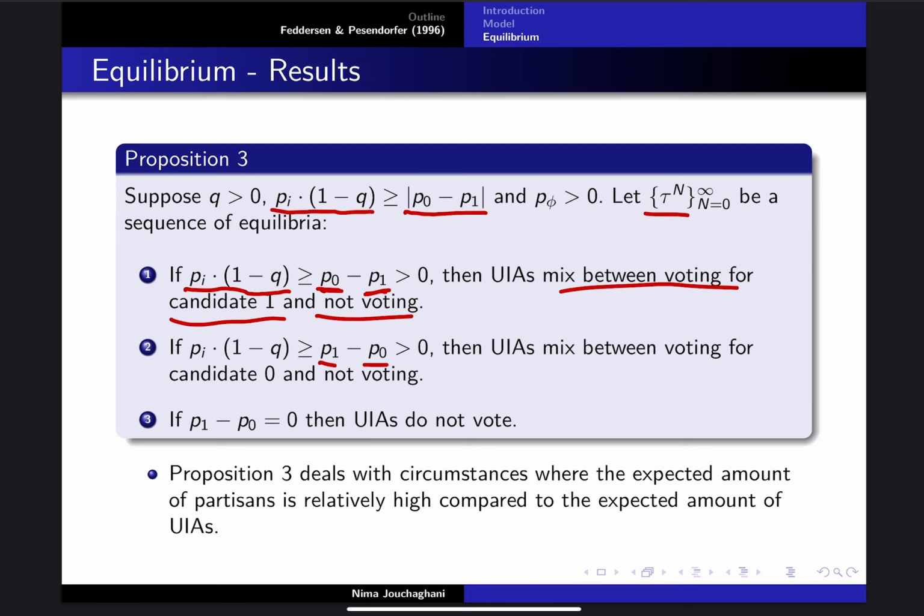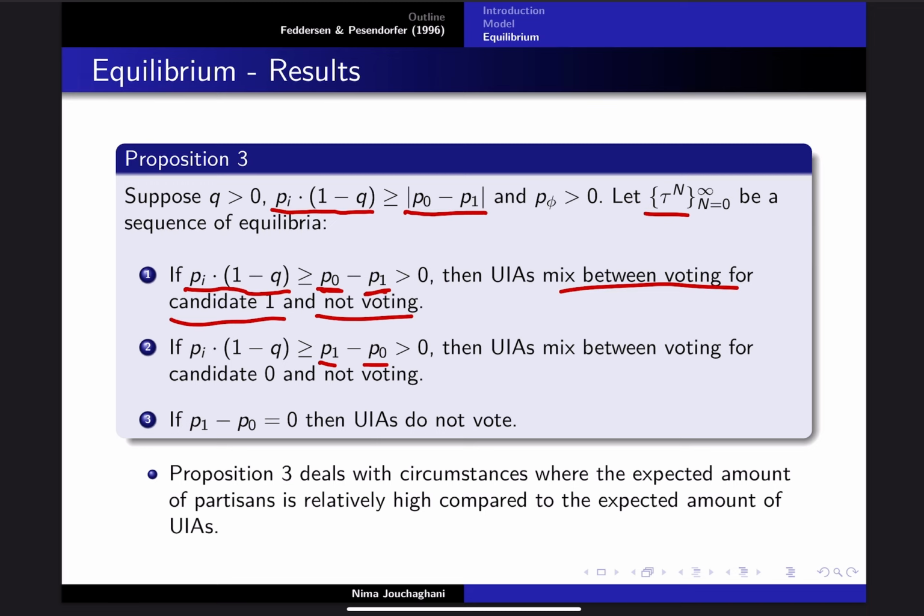So they only want to compensate partially for the large amount of 0 partisans in the model to make sure that the informed independent agents actually determine the outcome of the election. And that's why they mix between voting for candidate 1 and not voting.